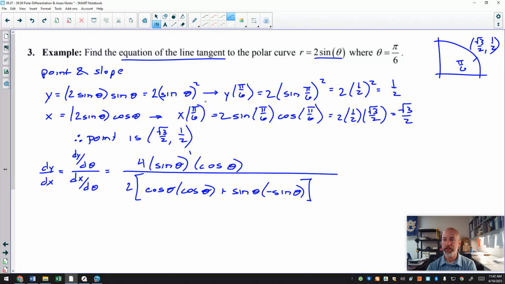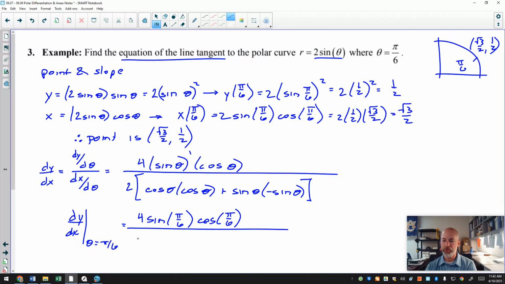Then I need to plug in pi over 6 to that. So now I need to evaluate my dy dx at theta equals pi over 6, which is going to be this thing, 4 times the sine of pi over 6, cosine of pi over 6, all over, and as I rewrite this denominator, I'm going to clean it up a little bit.